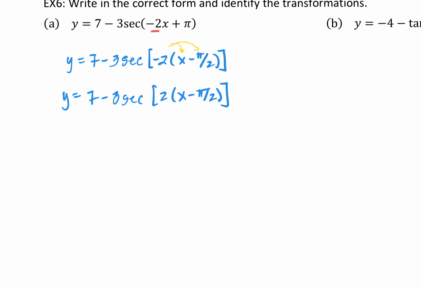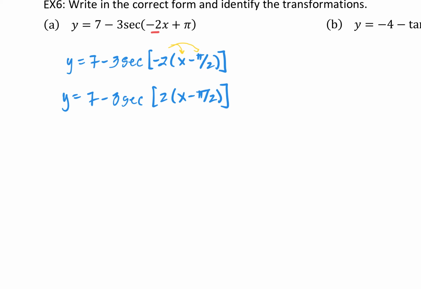Now that we have everything in the correct order, we'll identify all the transformations. So starting with the inner parentheses, the x minus pi over 2, that would be a phase shift. Since we're going right, the phase shift is positive. So phase shift is a positive pi over 2, or you could write that it's a shift to the right by pi over 2.